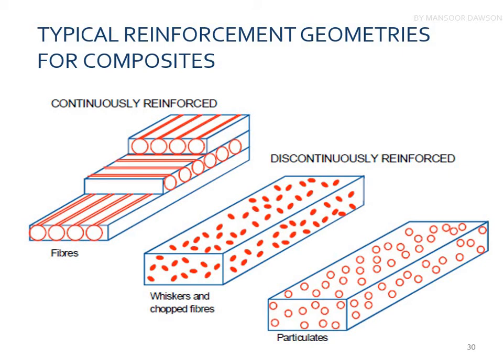As you can see, these fibers are straight, and we have sandwiched one fiber reinforced composite in the x direction, and the other one in the y direction, so these are perpendicular to each other. Then we have whiskers and choppers, and then we have particulates.